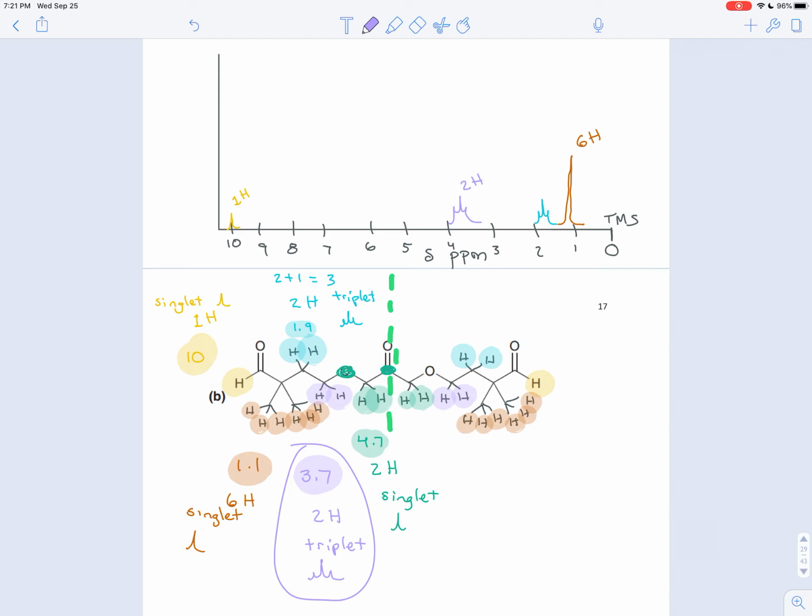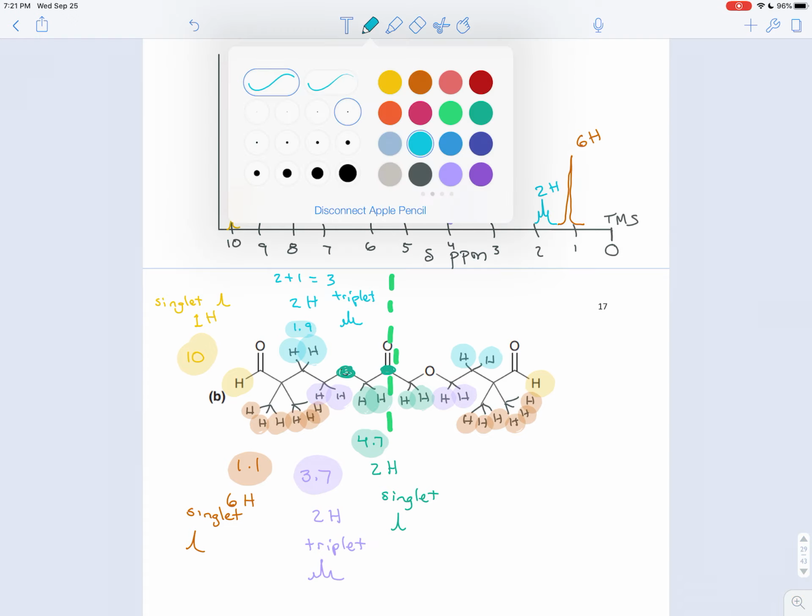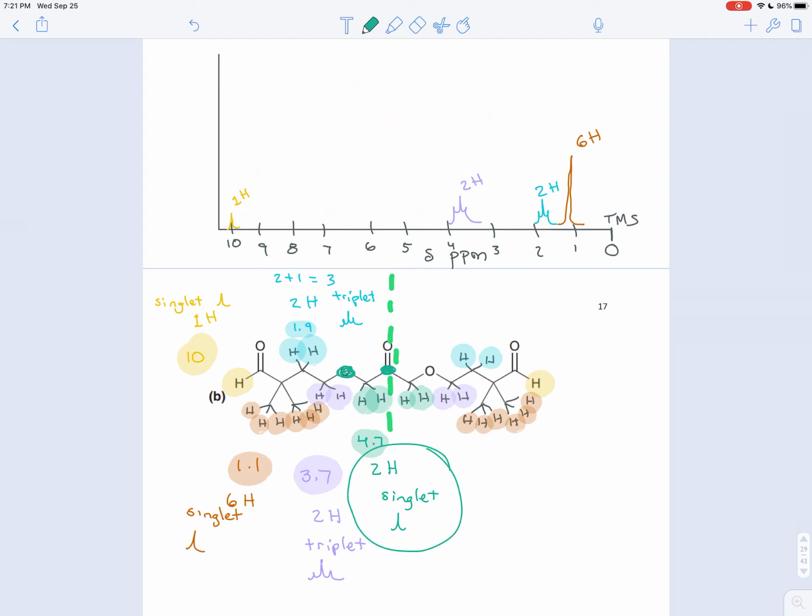And if you want to be extra precise, 2 hydrogens. Okay, that's the purple. Now for the green, we have a singlet representing 2 hydrogens at 4.7. So 4.7, a singlet, about that same amount of area. So that's 2 hydrogens.